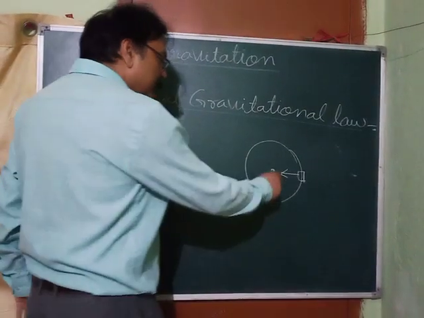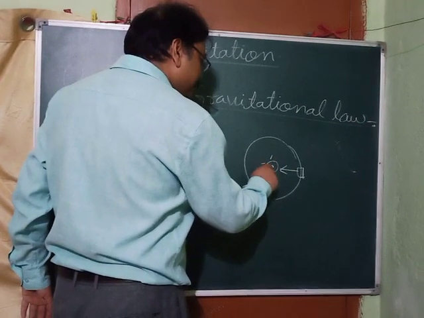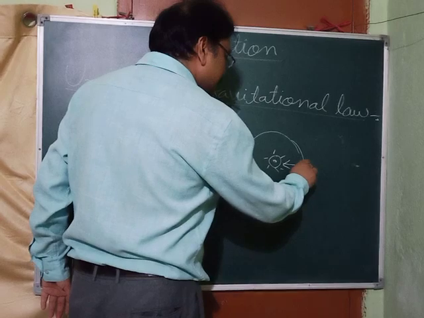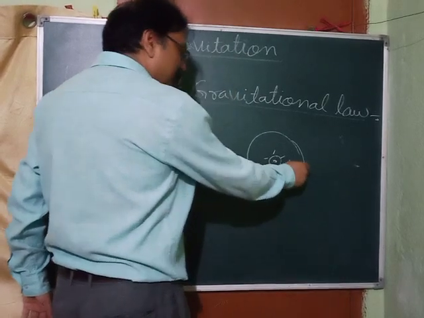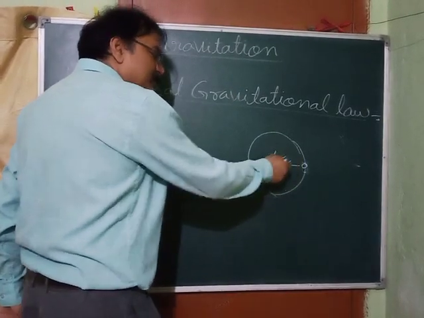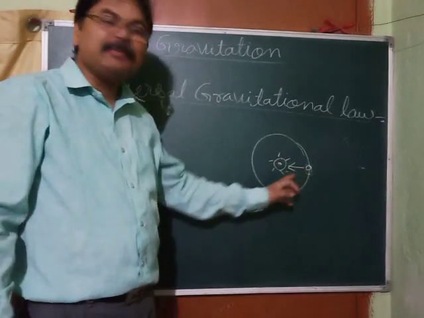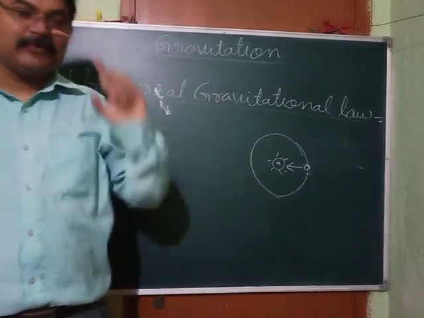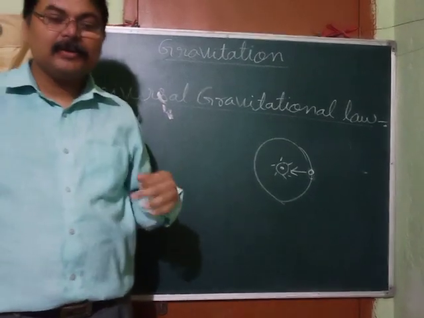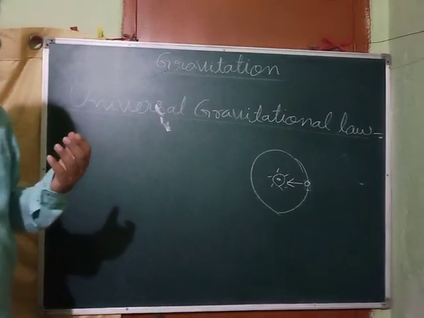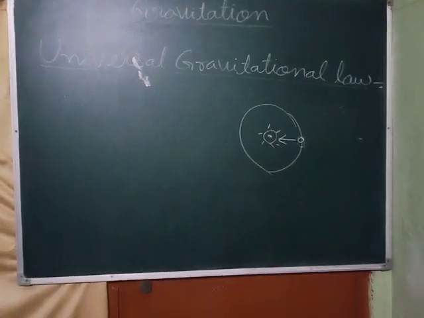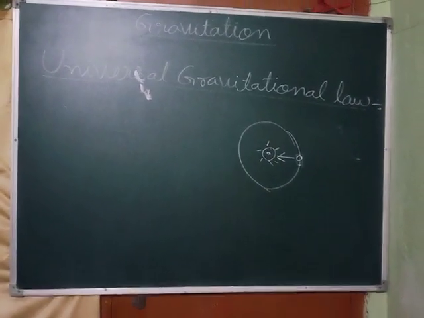Now, if the sun is at the center, and suppose here it is Earth, so the sun is attracting the Earth towards the center. So Earth is getting centripetal force, and that's why it is revolving around the sun. So first point you can write. Importance of universal law of gravitation.